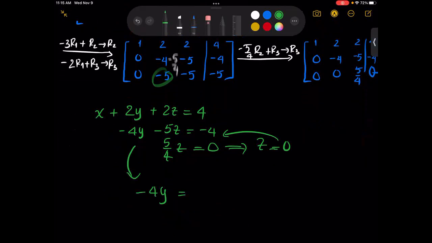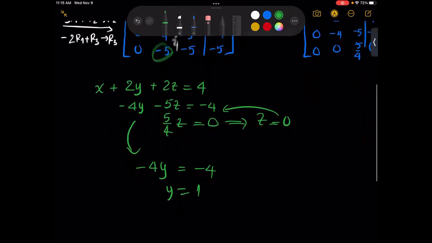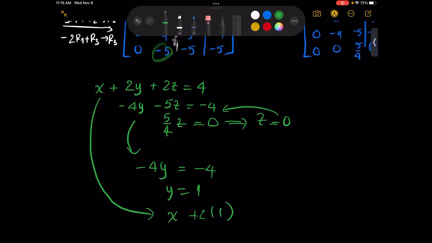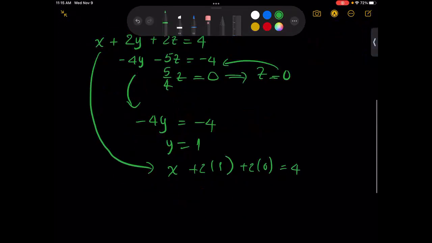Negative 4y equals negative 4, so y equals 1. And then plug it back here: x plus 2 times 1 plus 2 times 0 equals 4. x equals 2. Very good.